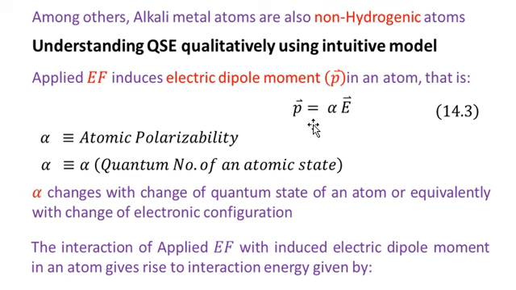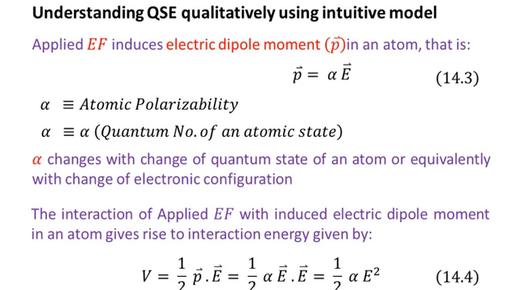In equation form, the electric dipole moment P in an atom is equal to alpha times the applied electric field E, as shown in equation number 3. Alpha is the atomic polarizability, or alpha may be referred to as the quantum number of an atomic state. In principle, alpha is actually the atomic polarizability.